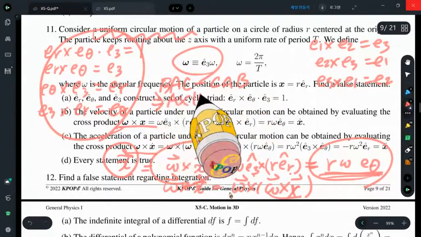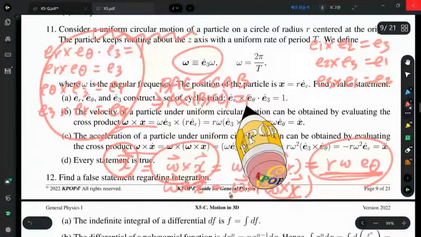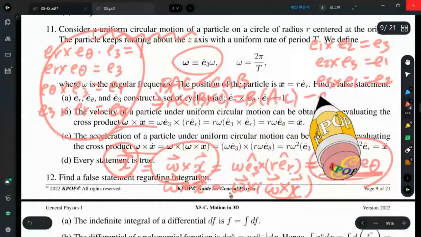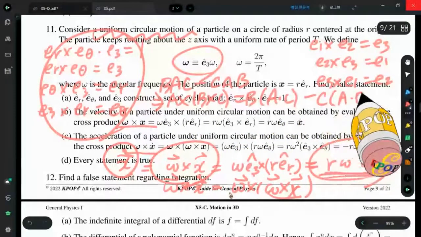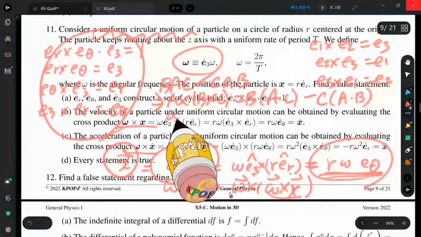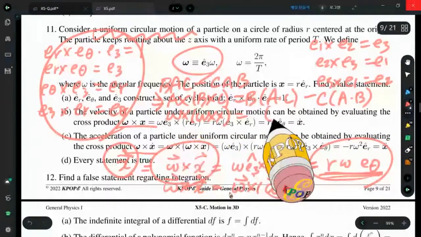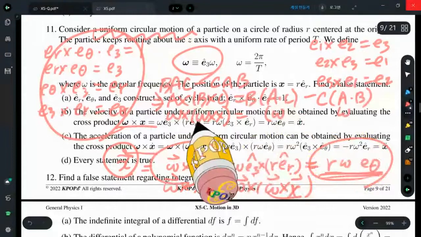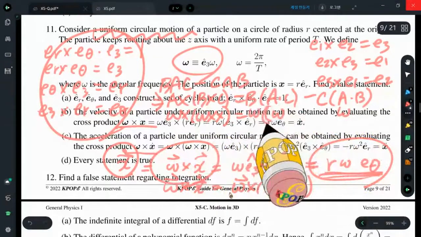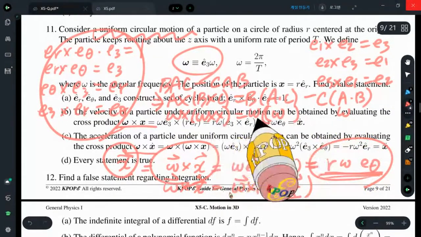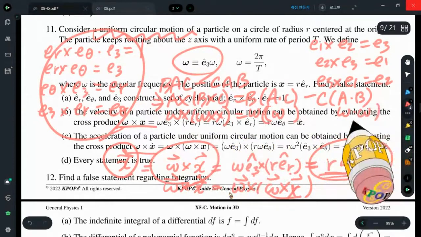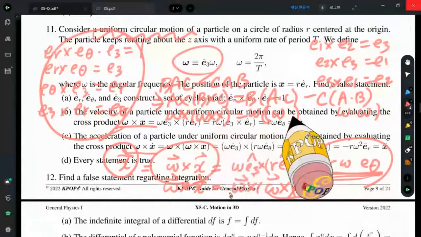What's that? A cross B cross C equals the back-cab. So omega cross x: A is omega, B is omega, and C is x.